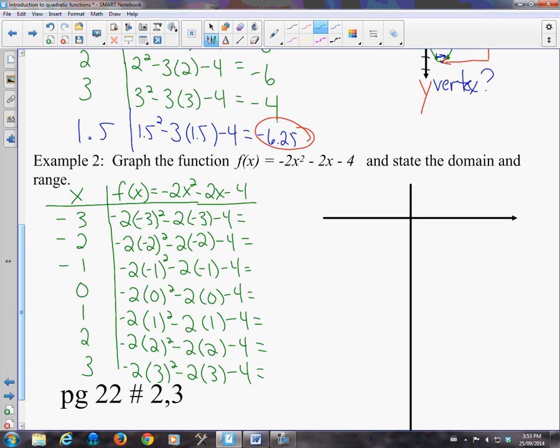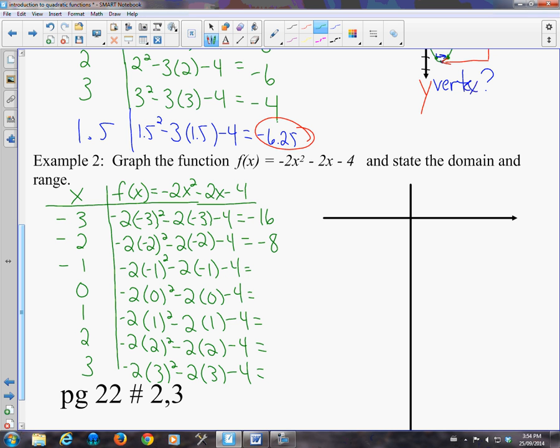So when I calculate, negative 3 squared is 9, negative 18 plus 6 is negative 12, minus 4 is negative 16. And then we've got negative 2: 4, negative 8 plus 4 is negative 4, negative 8.